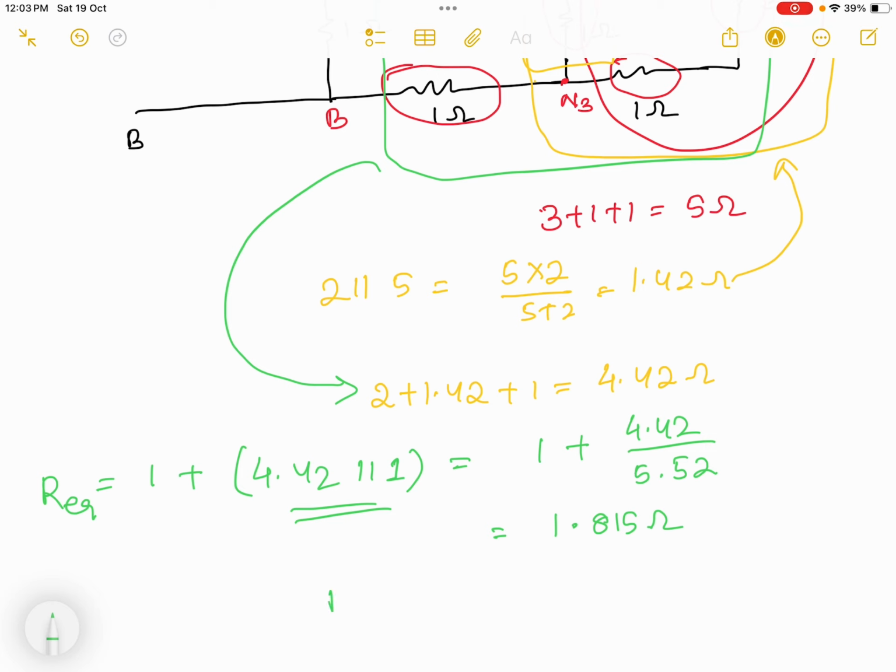From this I can tell that this RAB value is 1.815 ohm.